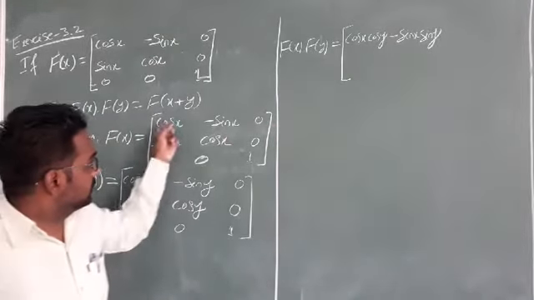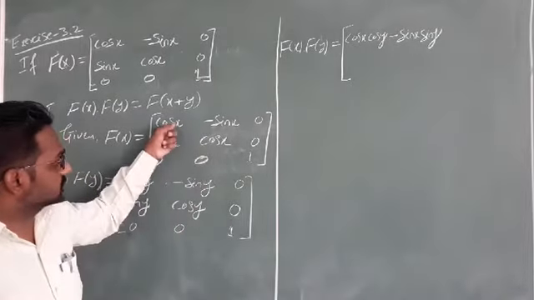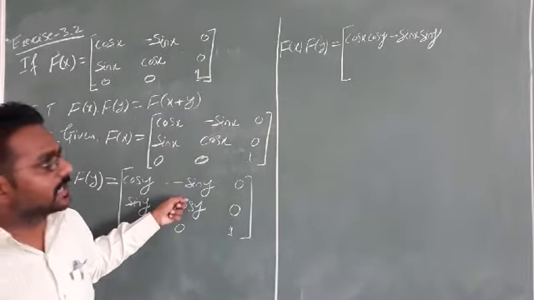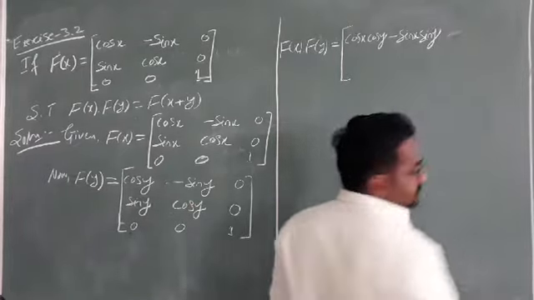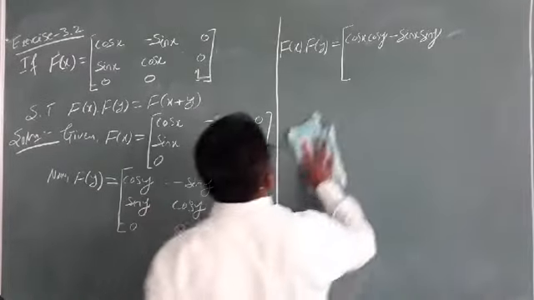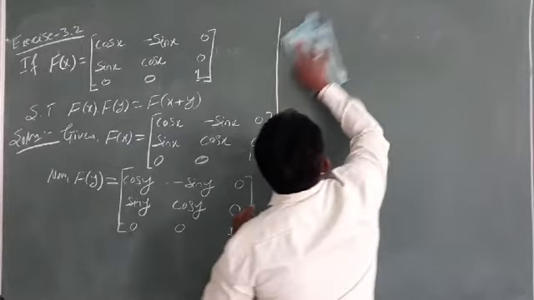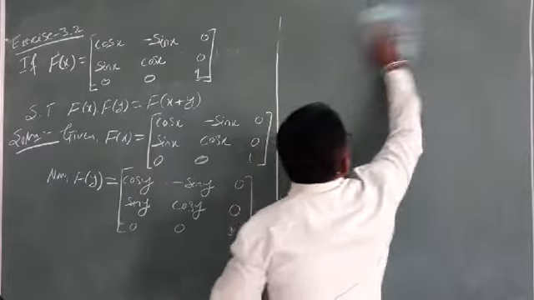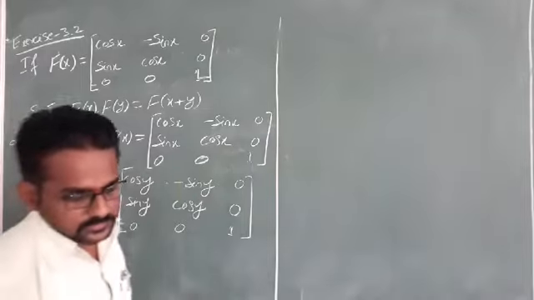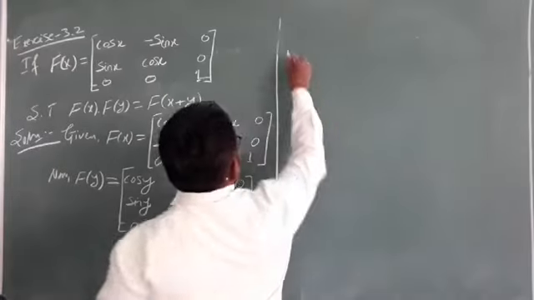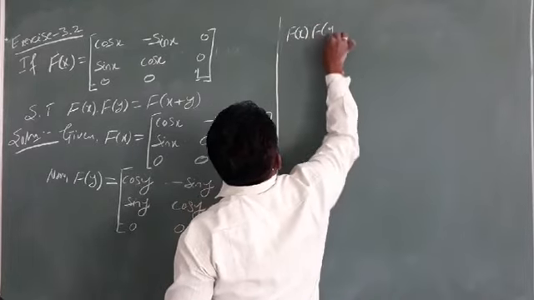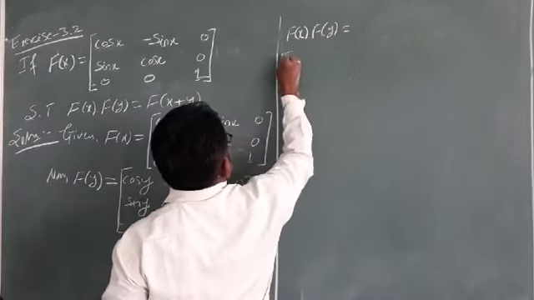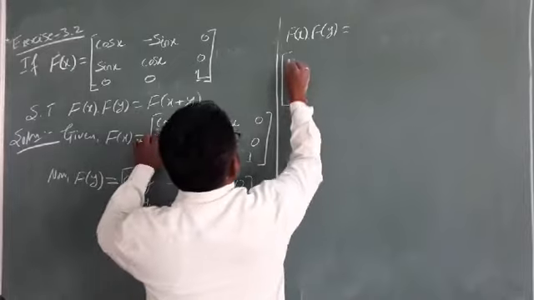Is there no space? Write it once. Okay, f of x into f of y. So I will write the matrix, no need to get confused.